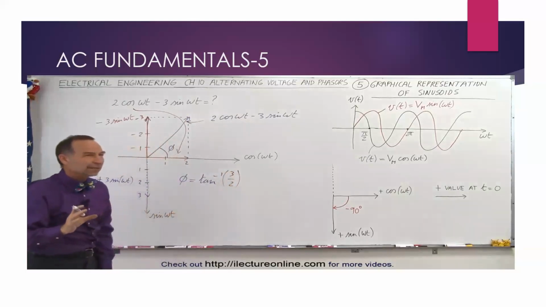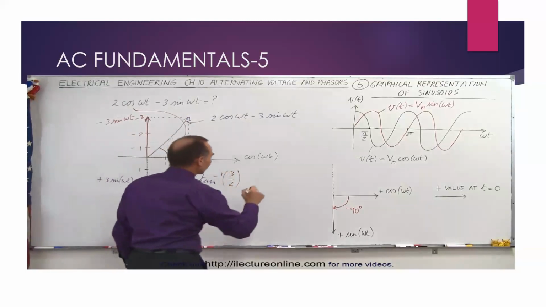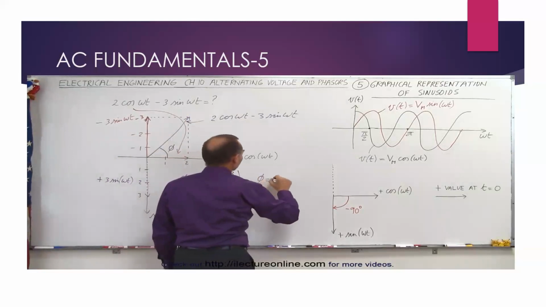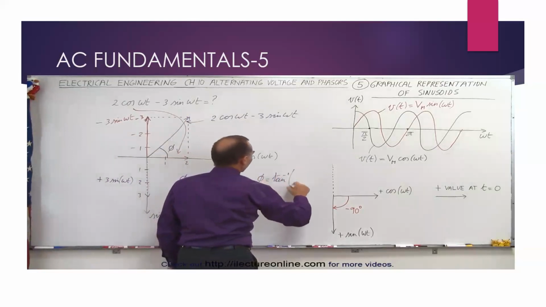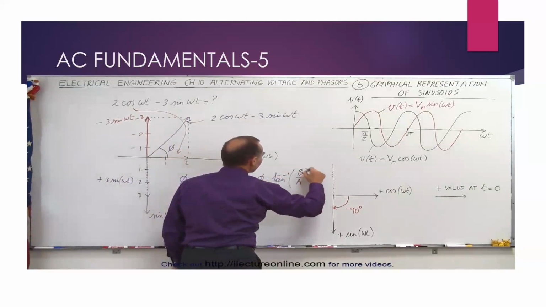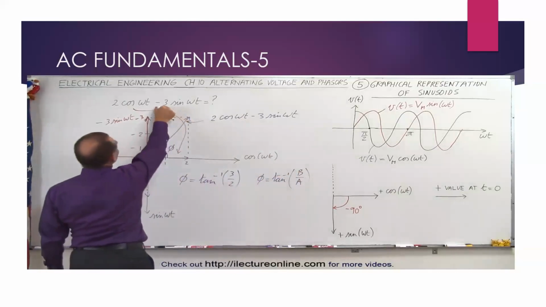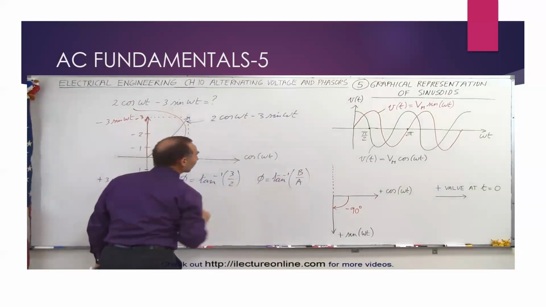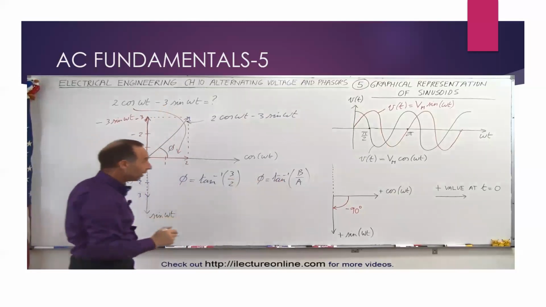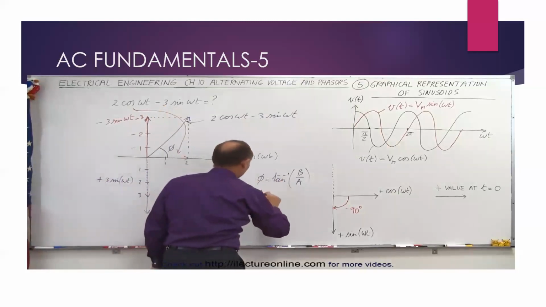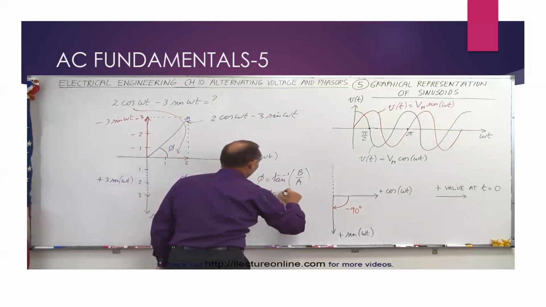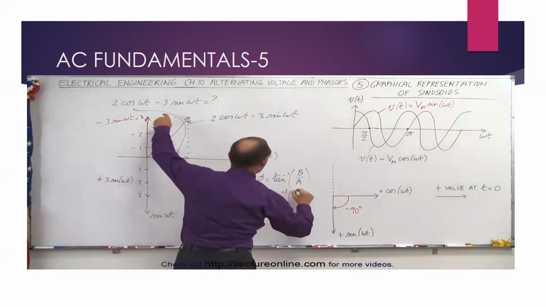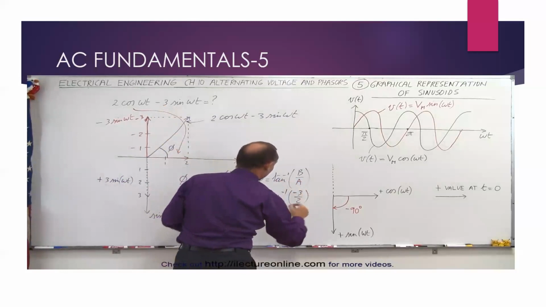Now here you say, well, wait a minute, isn't the phase angle equal to inverse tangent of b over a, where b would be the minus 3 value and a would be the positive 2 value? The answer is yes, that's correct. So we would get B equal to the inverse tangent of b, which would be minus 3, over a, which would be 2.